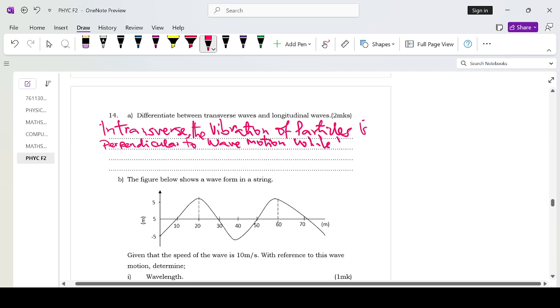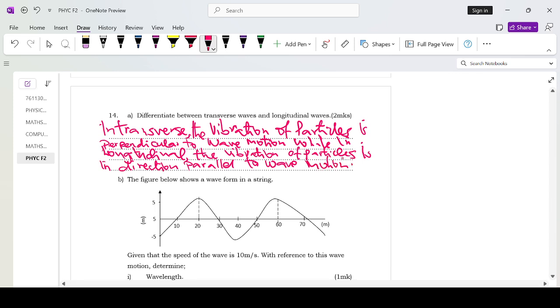While in longitudinal, the vibration of particles is in the direction of the wave motion, is in the direction parallel, let me use the term parallel, to the wave motion.